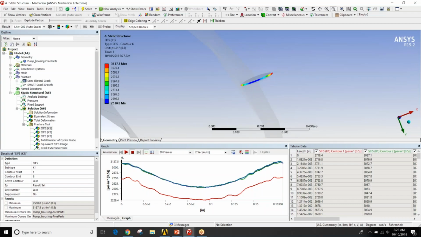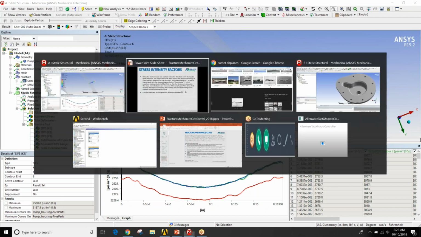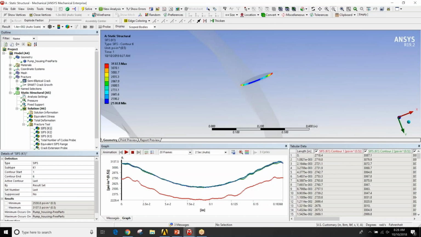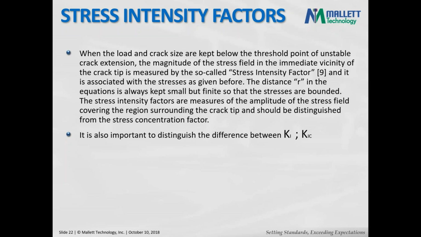In this case, we are getting about 3 KSI square root of inch for the stress intensity factor, and K sub 1C for these types of materials is of the order of, say, 25 KSI square root of an inch. What that means is there's not going to be an imminent fracture.